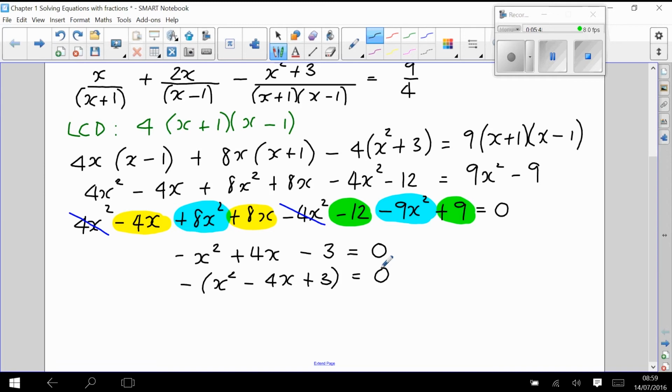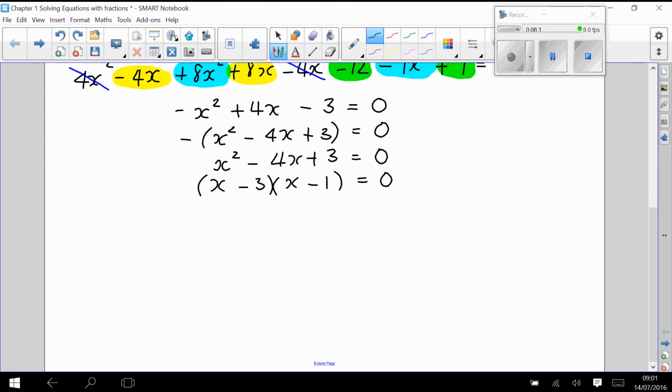And if I divide both sides by minus 1, the minus 1 cancels with the minus 1 on the left, and 0 divided by anything is still 0. You can see you can use your trinomial method here to factorize. And factorizing, you're going to get x minus 3 and x minus 1 as your two factors equal to 0.